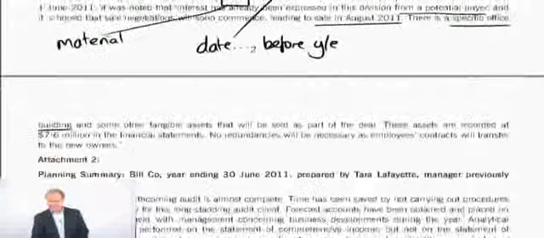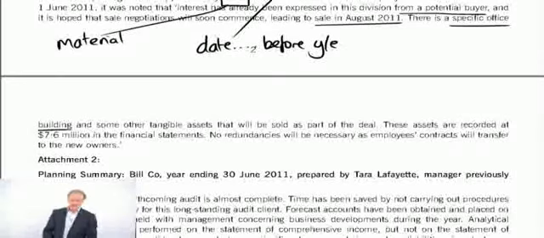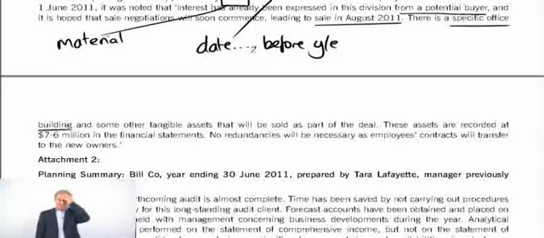Because it said there is a specific office building and some other tangible assets that will be sold as part of the deal. These assets are recorded at 7.6 million. If they expect to make a loss on those assets when they sell, as assets held for sale, they need to write the assets down at the year end to recognise the loss they're expecting to make.